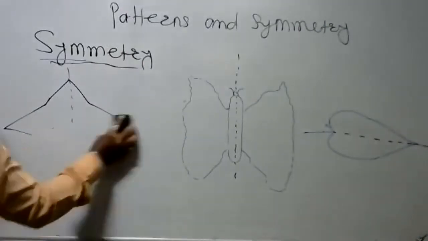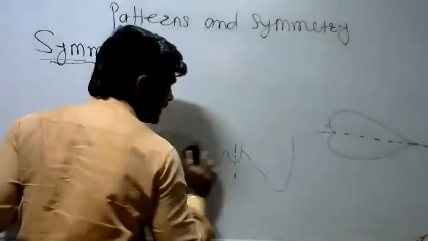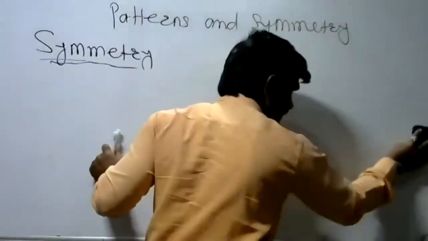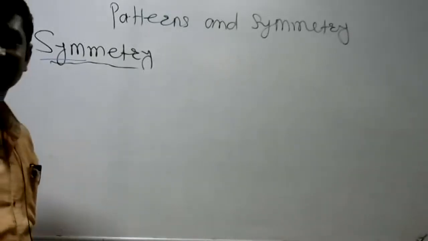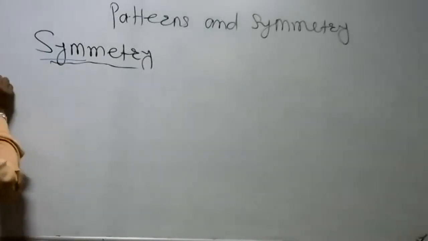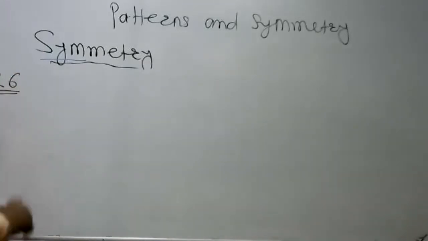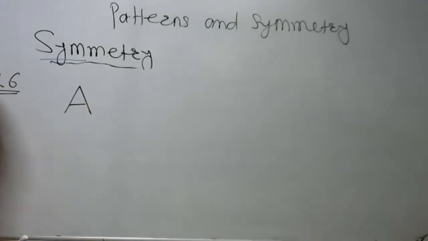Okay. Now this is about objects. If you want to see the symmetry in letters, means alphabets. Okay, you know how many alphabets we have? How many alphabets? 26. Okay.